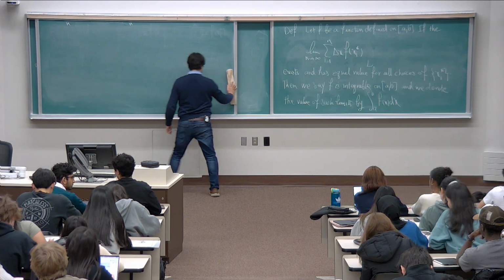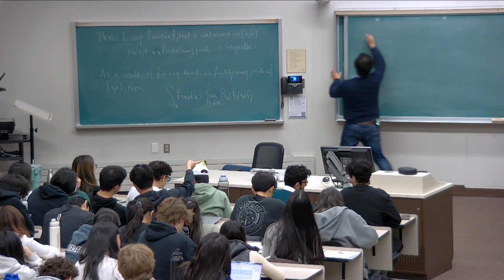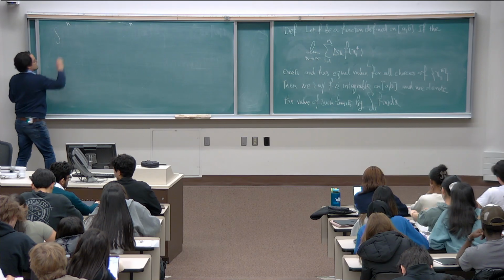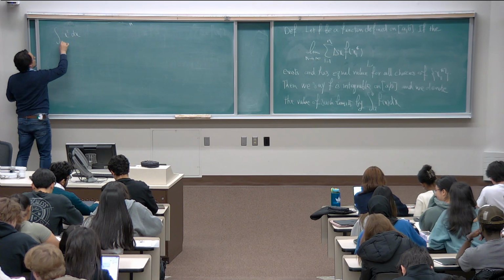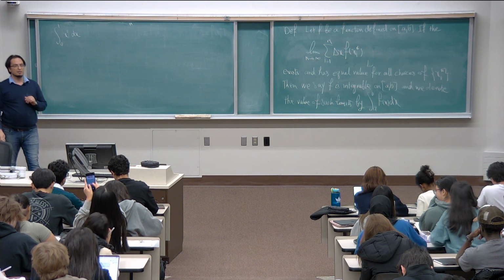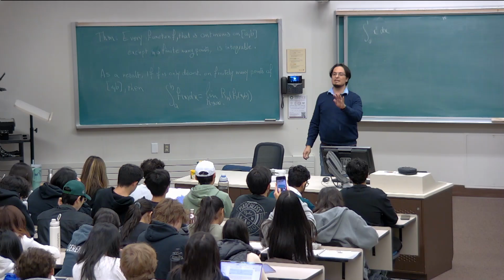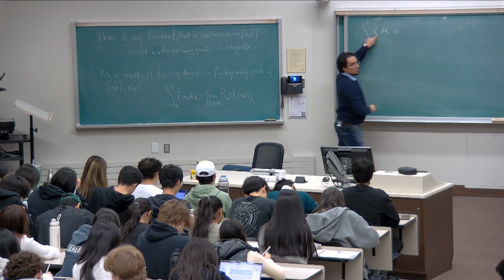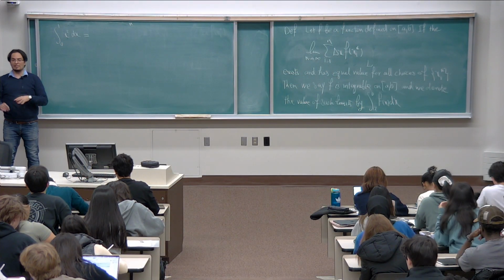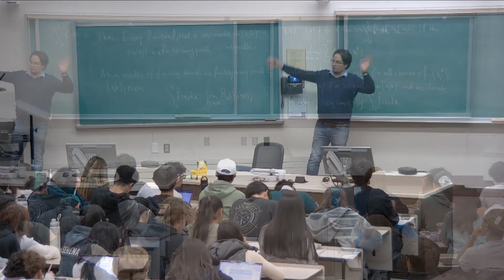The examples, remember: the integral of x squared dx from 0 to 1. This is the example we did on Monday, yes? This is a continuous function on that interval, so I don't need to find different points.